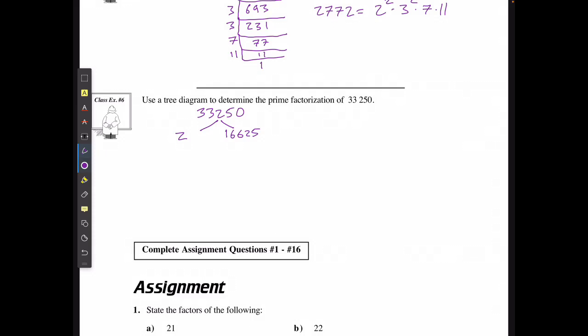I can see that this ends in 5, so I'm going to divide out 5 from here and get 3,325. Divide that by 5 again.